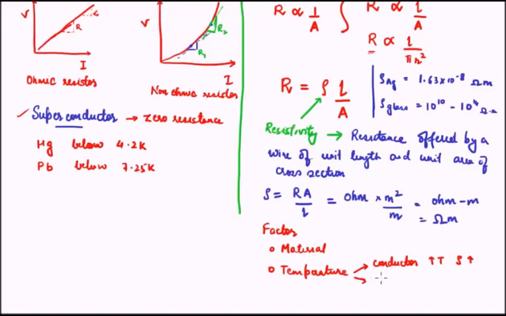For a semiconductor, on the other hand, with increasing temperature, resistivity decreases. We will not go into the physics of it, but you should know that for a semiconductor, the temperature property of resistivity is opposite to that of a conductor.